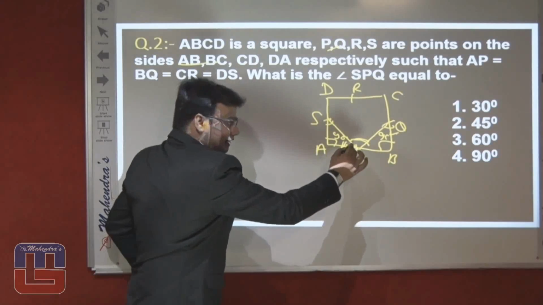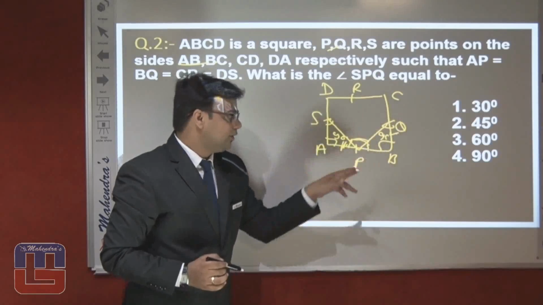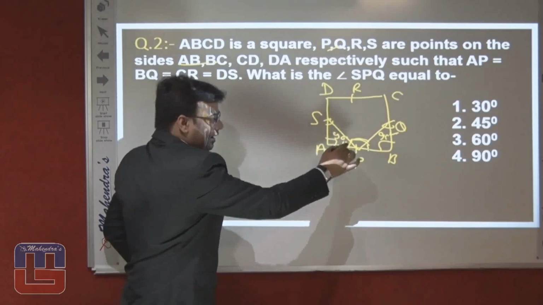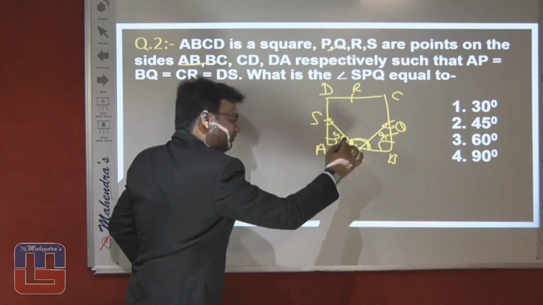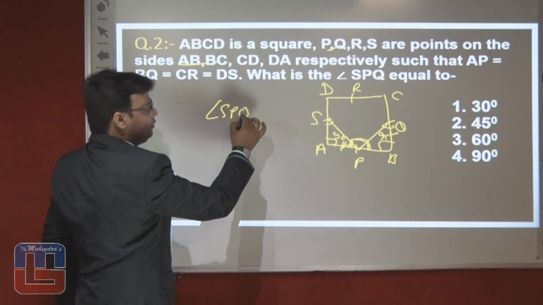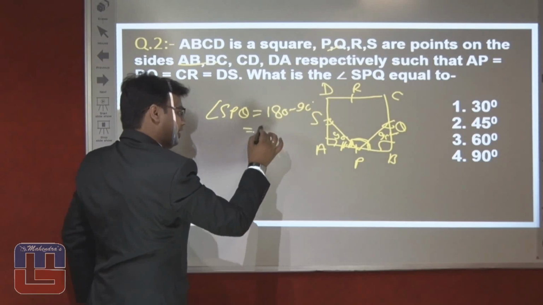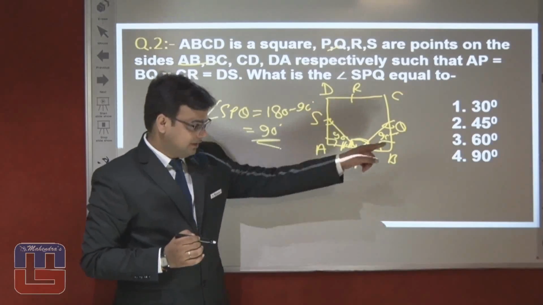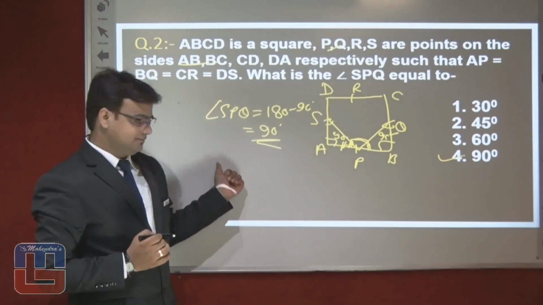And here the lines SP and BQ are equal because it is a square. So both angles are equal, that means each is 45. That means the remaining angle SPQ is equal to 180 minus 90, that means 90. We check 90 in which option? 90 is in the fourth option, so our correct answer is the fourth.